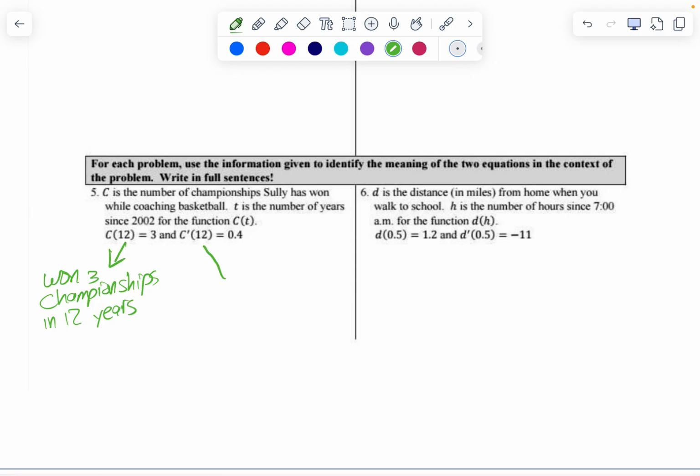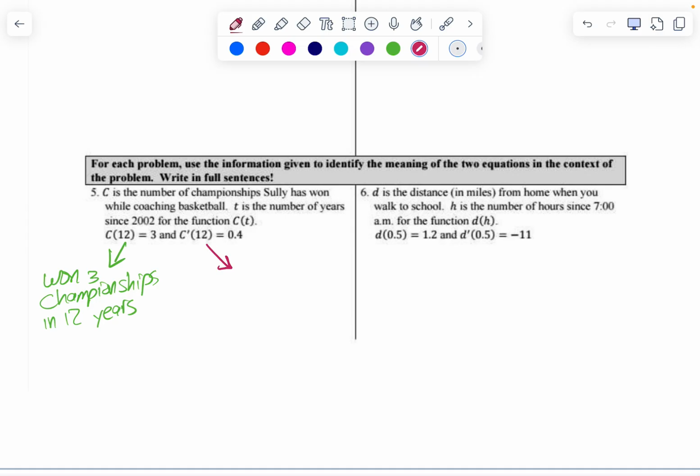Okay, how about the next one, though? This is a really weird scenario for me, I think. Yeah. The number of championships he wins increases by 0.4 each year. Close. In when? He said it right, but we need the when of it. Is it each year? 5 years after. In year 12.